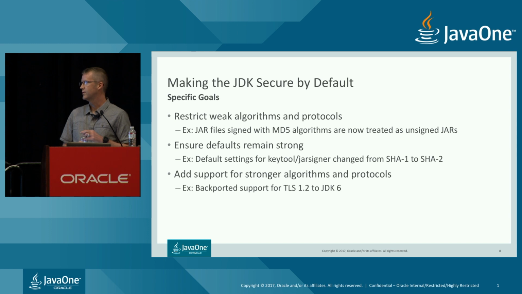So often what we have to do is backport support for stronger algorithms from later releases to earlier releases to ensure that those earlier releases have as much security as the later releases. So an example of this is when we backported support for TLS 1.2 to JDK 6. So now with JDK 6, you can use TLS 1.2 by default instead of relying on the less secure TLS 1.1 or 1.0 protocols.